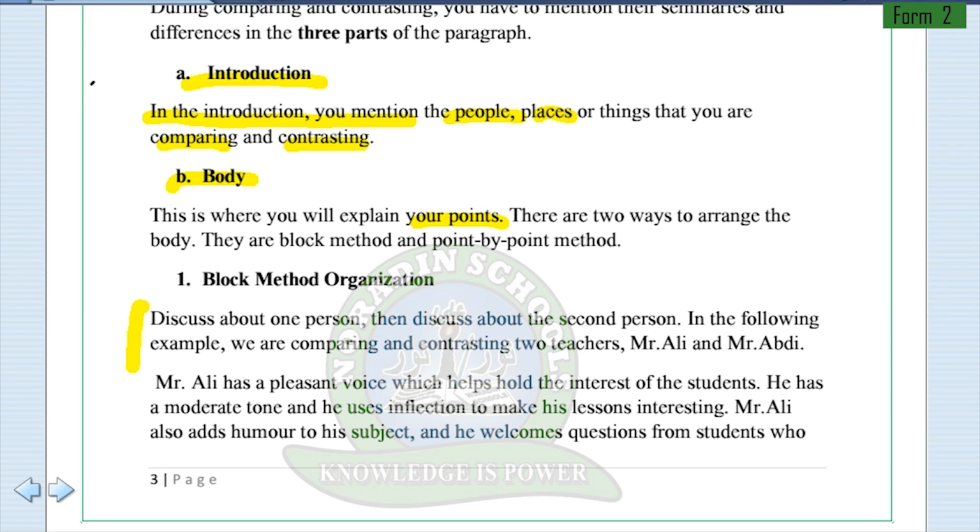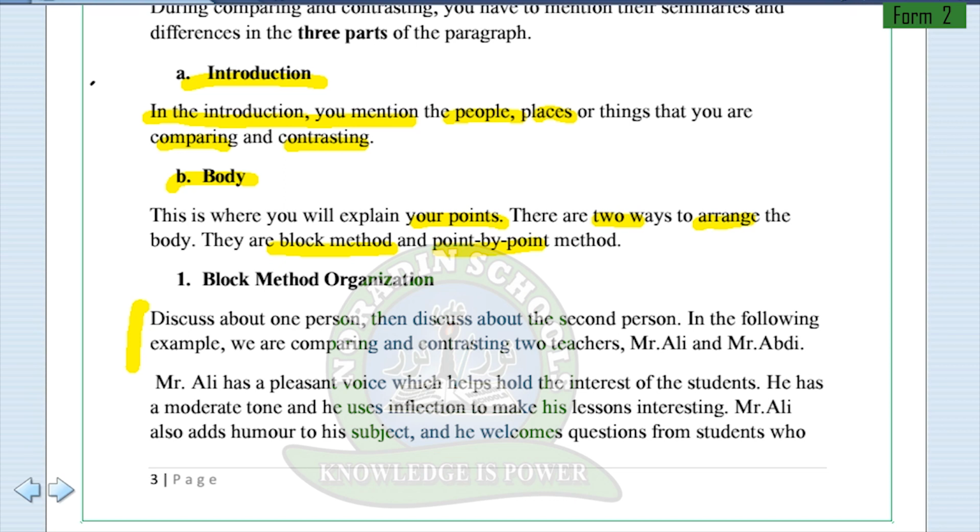There are 2 ways to arrange the body. That means we have finished the introduction, and then we are in the body right now, or supporting sentences. In the supporting sentences, you can organize in 2 ways. They are block method and point by point method.